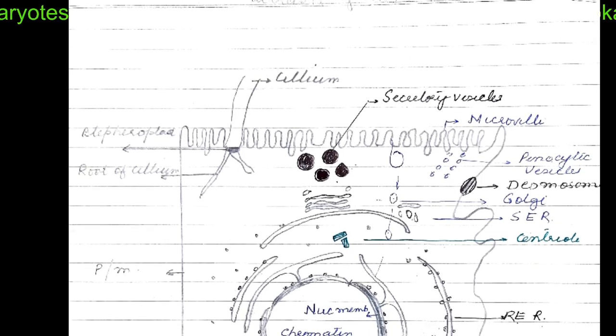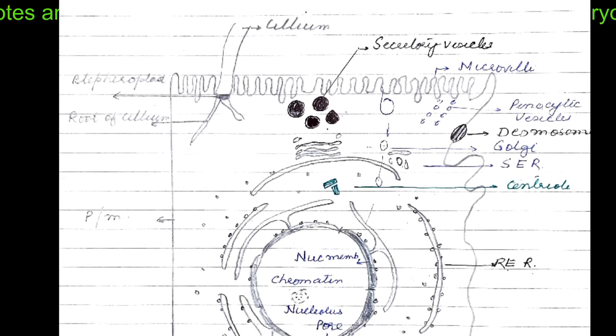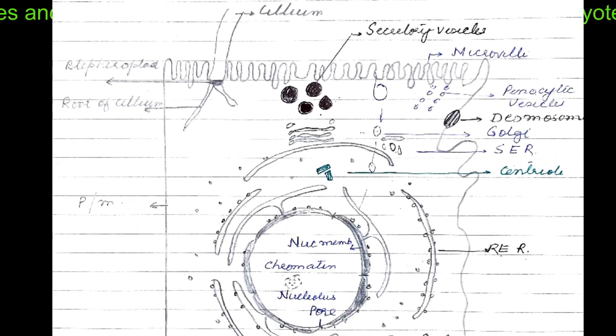You can view in the slide the ultrastructure of the animal cell. The outer limiting membrane is the plasma membrane. It is thrown into folds which are called microvilli.